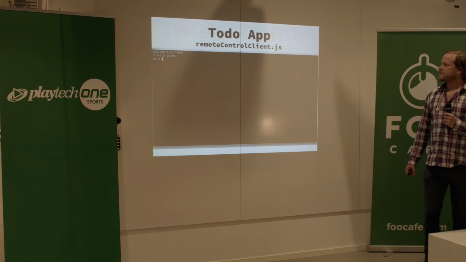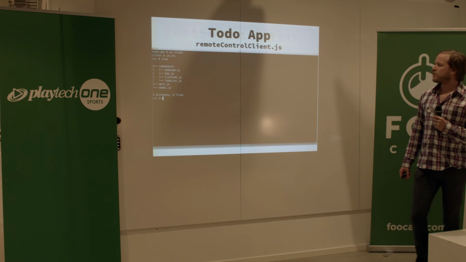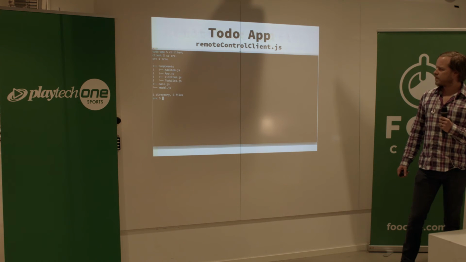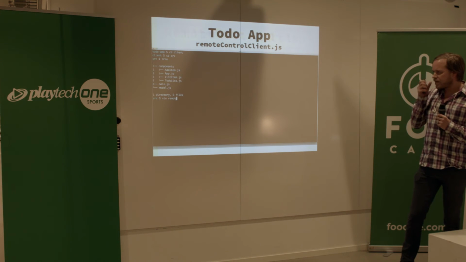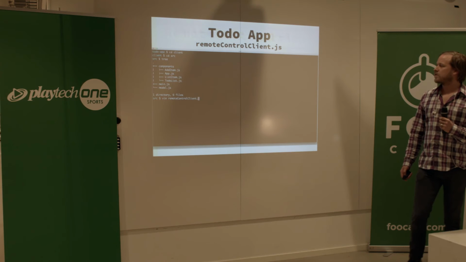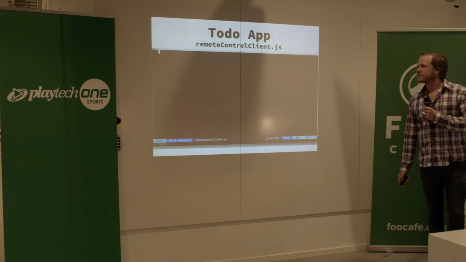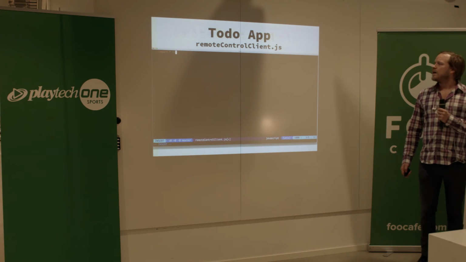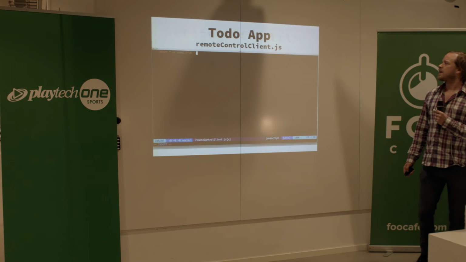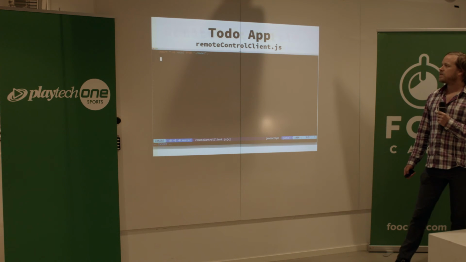So let's see here. We go into the source folder. We had the components we saw before with the main file and the model file. We need to add a new module, we call it remote control client.js. We need to mutate and get the list from the model, so we import that one.